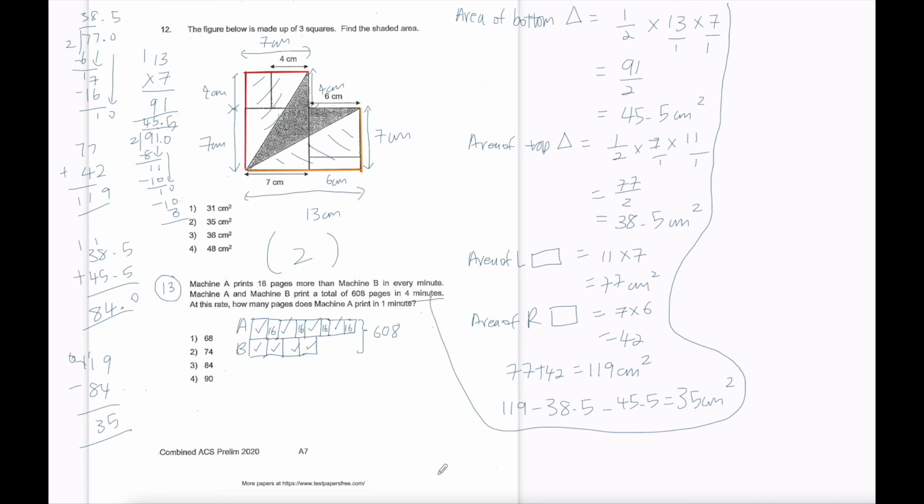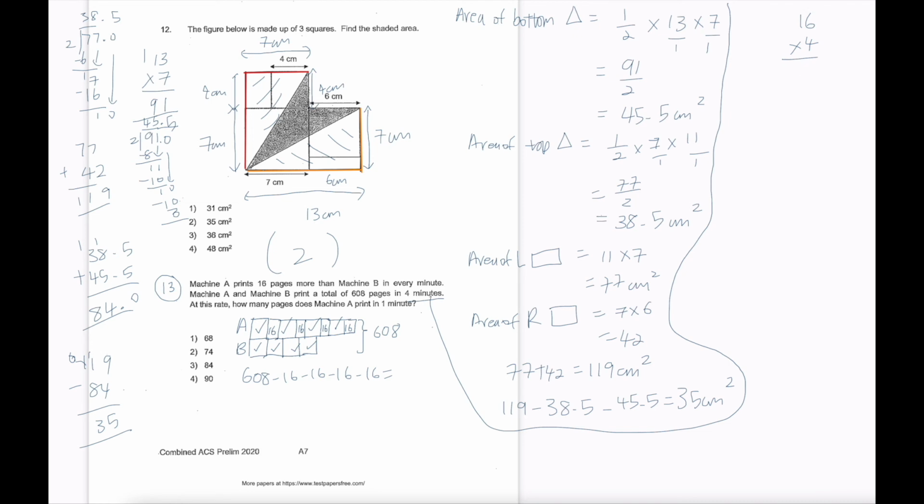Looking at this model, you can actually find out how to do the question. What we need to do is take 608 minus away all the 16s, and then divide by the total number of units, and that's all. Then we can find 1 unit. So let's start. 608 minus 16, minus 16, minus 16, minus 16. I do a minus 4 times, right? Because 4 minutes. I'm going to do the working here. So 16 times 4.